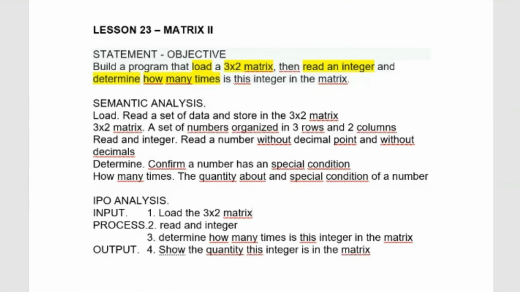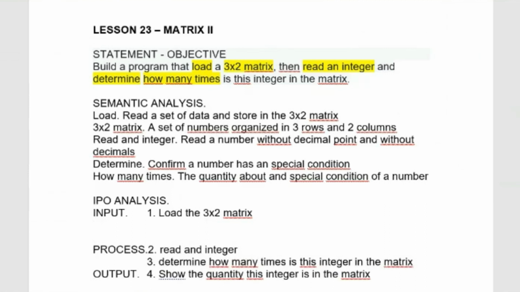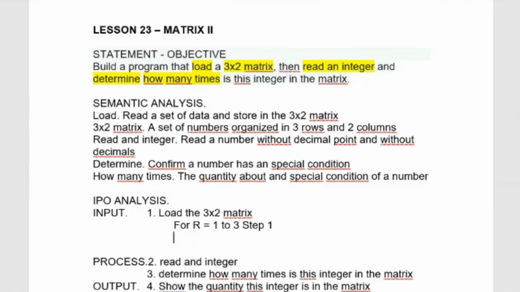Now, let's see the specific instructions of the general instructions. So let's see. Load the matrix. We need to use a loop. In example 4, it's possible to use any other loop, but we are going to use a loop for, let's use again R as the variable for the row, equal from 1 to 3 with a step of 1.